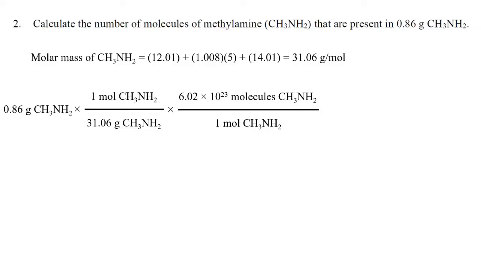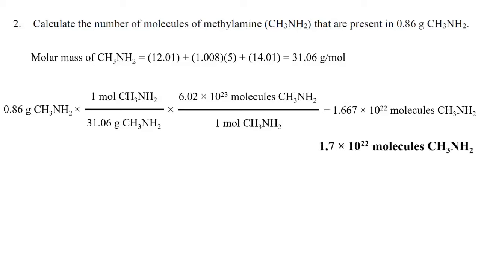So we'll divide by the molar mass, multiply by Avogadro's number. So our unrounded answer in terms of number of molecules of methylamine looks like that. But since 0.86 only has 2 significant figures, let's round this off to 2 significant figures, 1.7 times 10 to the 22 molecules of methylamine.